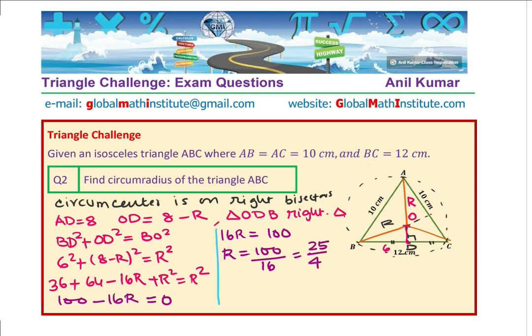So that becomes the value of R, right? 25 by 4 centimeters in this particular case. So therefore, our answer is that circumradius is equal to 25 by 4 centimeters.